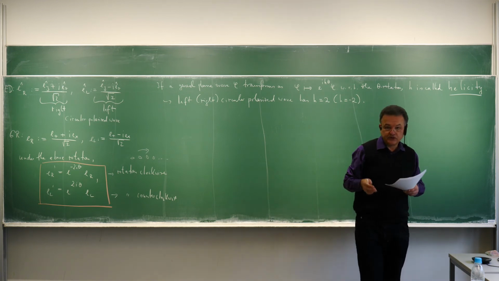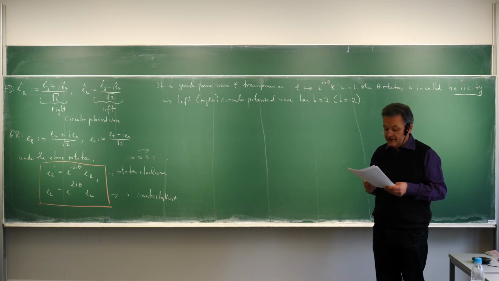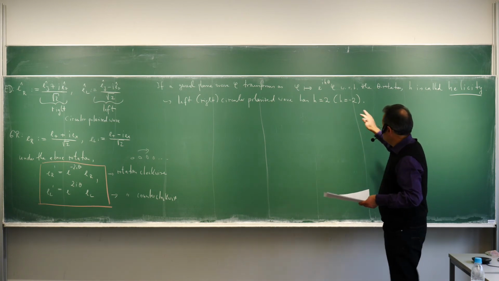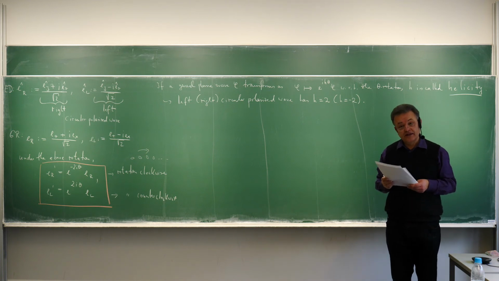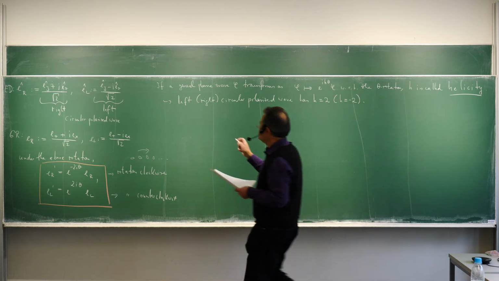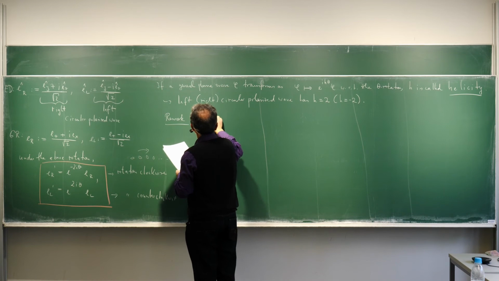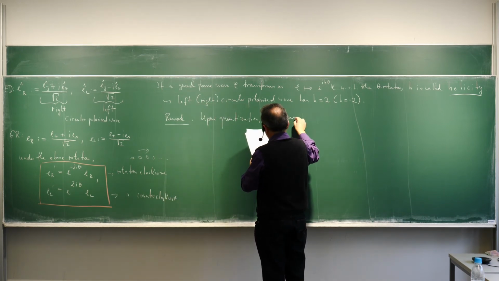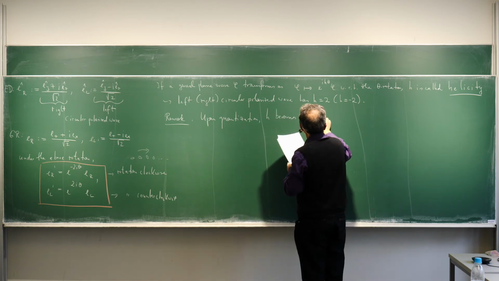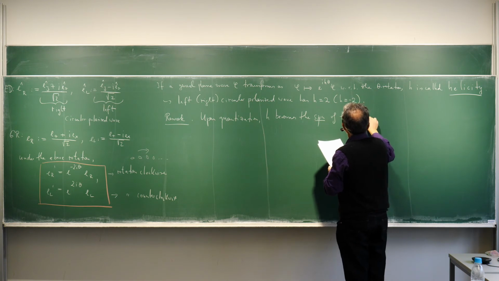We do not deal here with quantum theory, but let me remark that after quantization, this helicity becomes a spin of the particle that is connected with the wave. So remark, upon quantization, h becomes the spin of the corresponding particle.